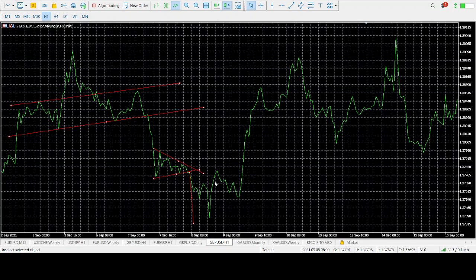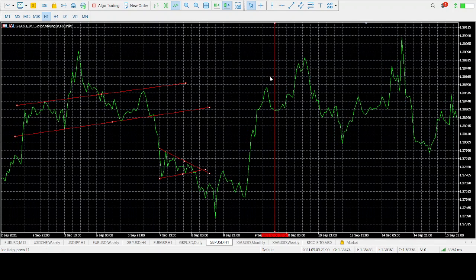But I don't suggest trading it that way, because triangles are traded differently, and I don't like the flag and the pennant patterns because they are not as useful as the triangle. The triangle is much more common and it's used in a different way. It's used like this. I'll just remove this, we don't really need this one.